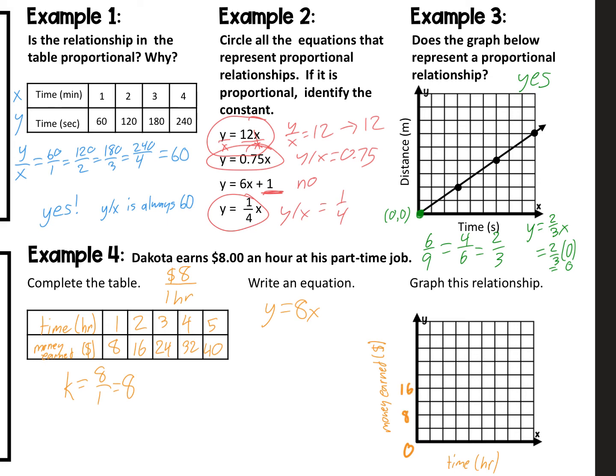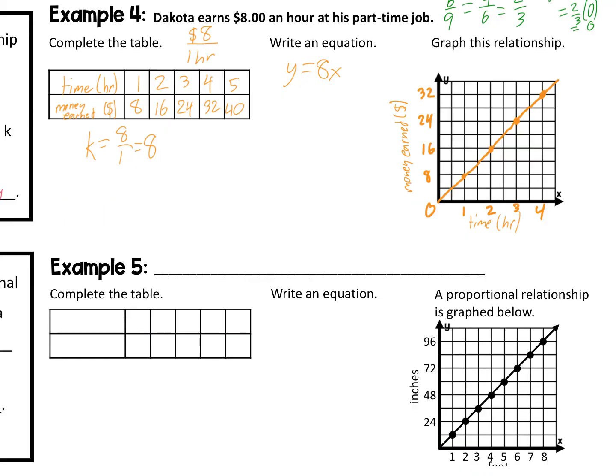Our first point is 0, 0, always, because we need to go through the origin. Our other points come from our table. So 1, 8, 2, 16, 3, 24, 4, 32, and 5, 40. Now that we have our points, we draw a straight line going through them, and that is our graph.